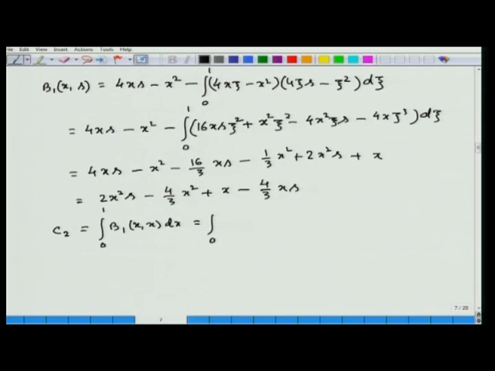So, this is equal to integral 0 to 1 of (2x³ − 4/3 x² + x − 4/3 x²) dx, and after evaluating this integral this will be 1/2 − 4/9 + 1/2 − 4/9, and this will be equal to 1/9. So, this is the value for C2.